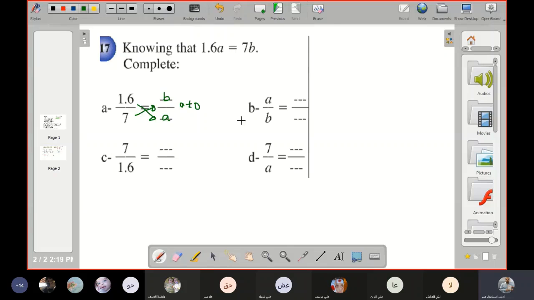So now, we have A over B. How do we distribute 1.6 and 7 to get 1.6A equals 7B?